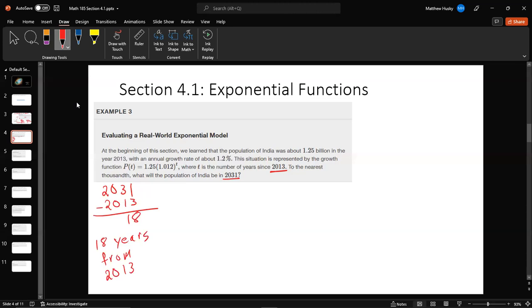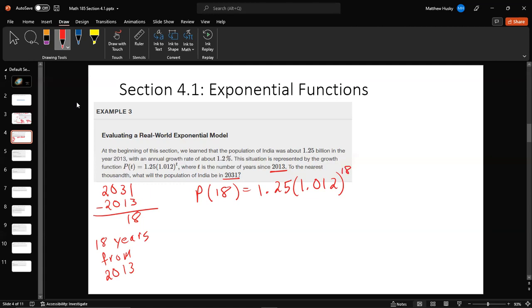But anyway, what we're going to do is P of 18. And that's going to be 1.25 times 1.012 raised to the 18th power.